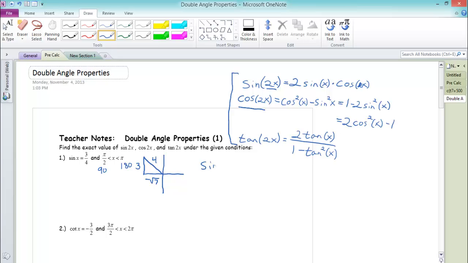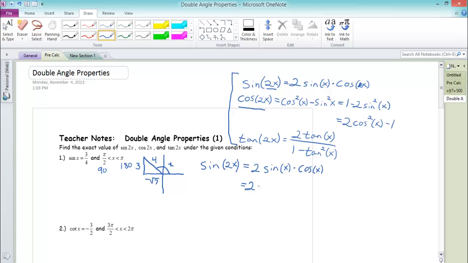So I have the sine of 2x, which is this degree measure right here, and the sine of 2x, according to our formula, is 2 sine x cosine x. Well, lucky for us, they gave us what the sine of x was.